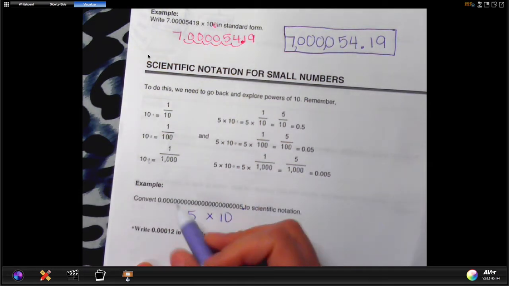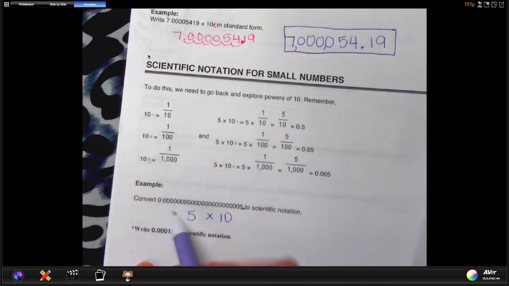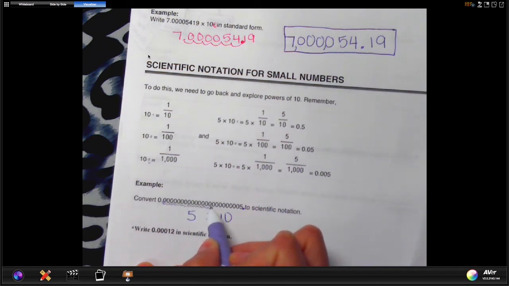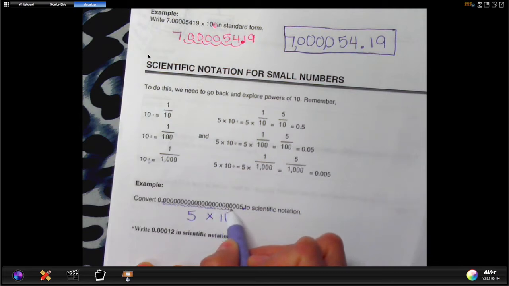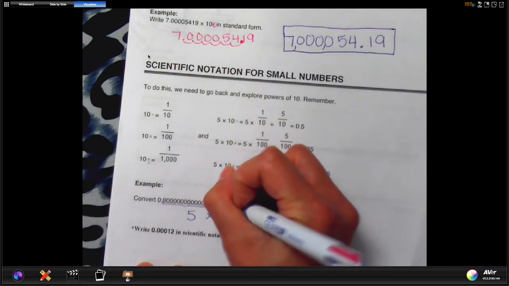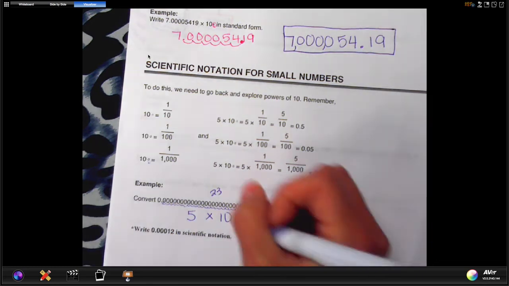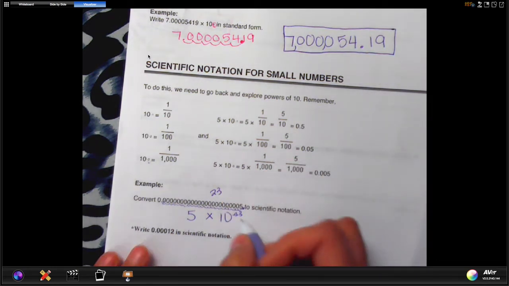Then we count the number of spaces you would move it: 1, 2, 3, 4, 5, 6, 7, 8, 9, 10, 11, 12, 13, 14, 15, 16, 17, 18, 19, 20, 21, 22, 23 spaces. So your exponent is 23, but because it's a really small number, it's negative 23, and that's the answer.